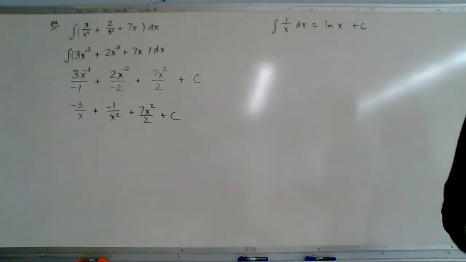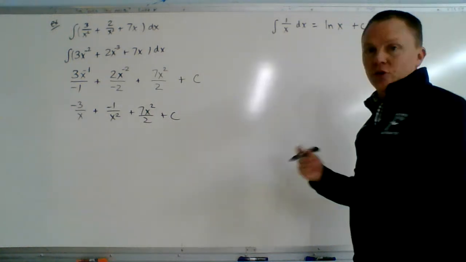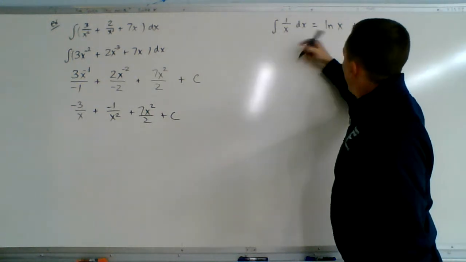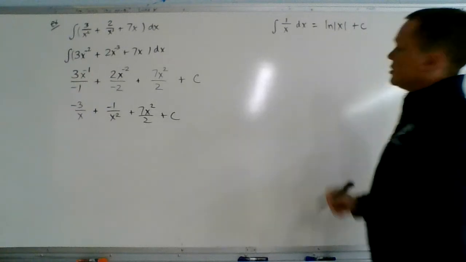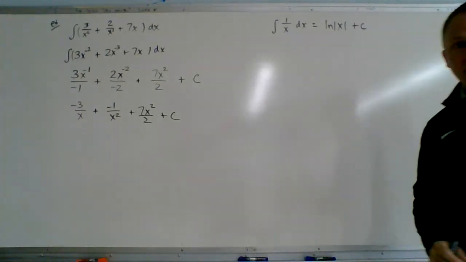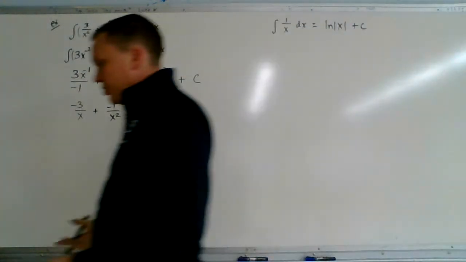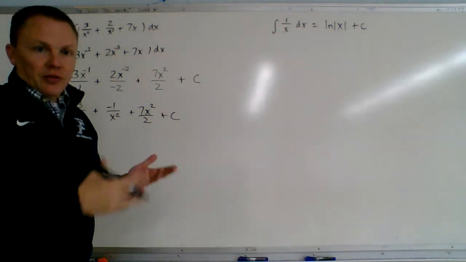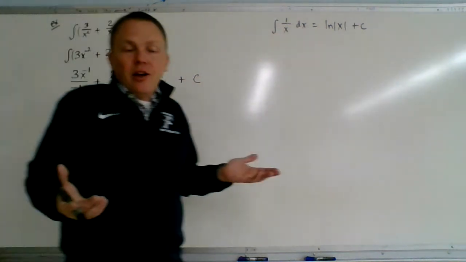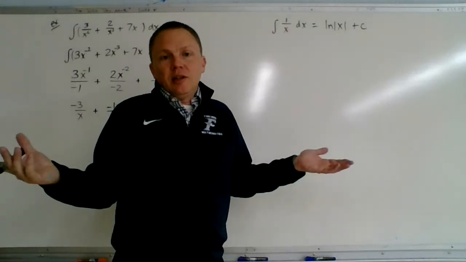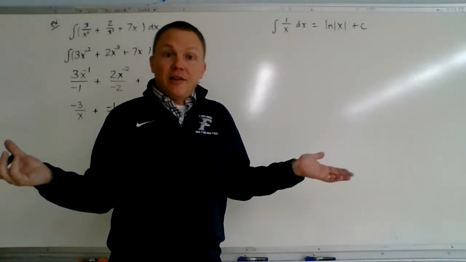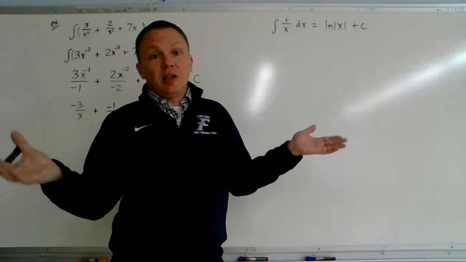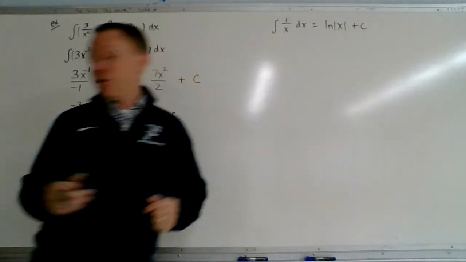And by the way, typically when we anti-differentiate 1 over x, we put the x inside the natural log in absolute value. Maybe at some point I'll show you an algebraic reason why we do that, but right now you could just think of it as because the natural log of a negative number does not exist, because e to no power will give you a negative number.